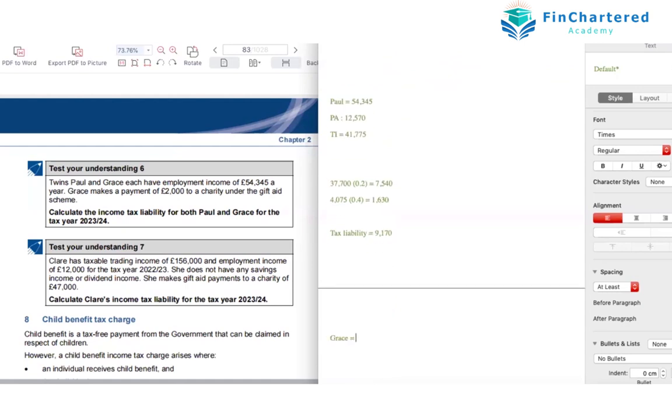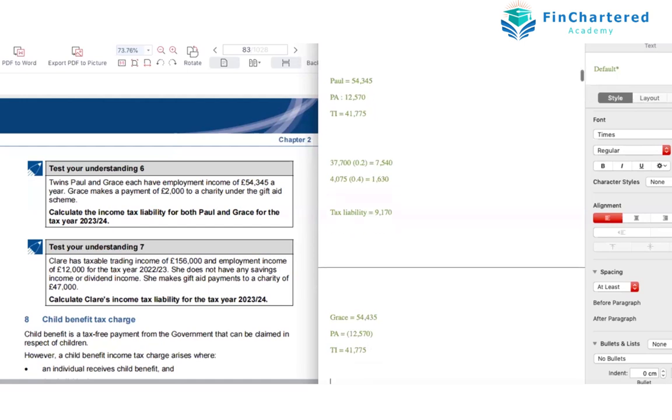Grace has the same income of 54,345. Personal allowance again is 12,570. So her taxable income is 41,775. Now, because Grace is making a payment of 2,000, more will be taxed at 20%.